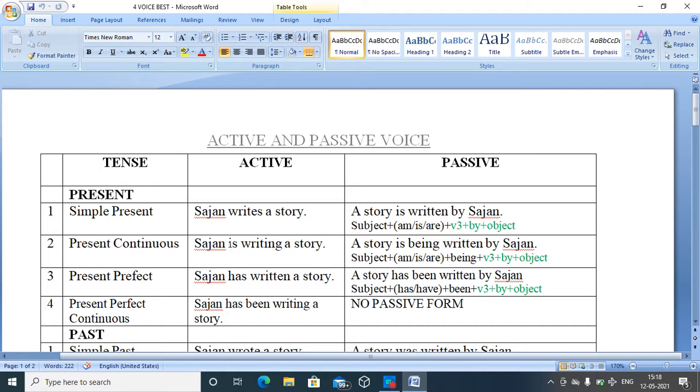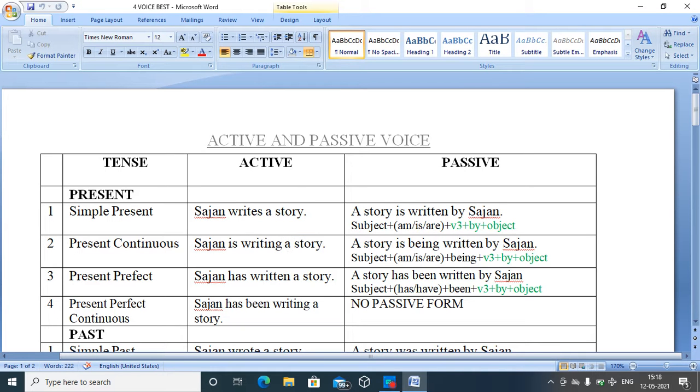Sajan, subject. As we know, a singular subject, you can take am or is or are. From that you opt is. Writing. As it's a continuous tense sentence, we have to choose the ing form of the verb. Then at the end you have to add an object.